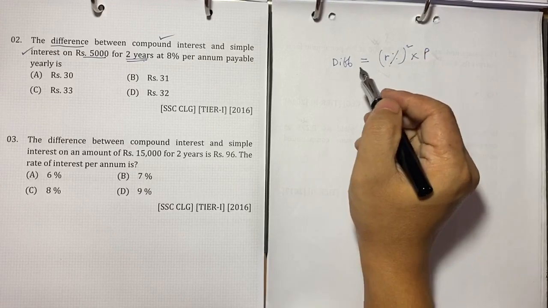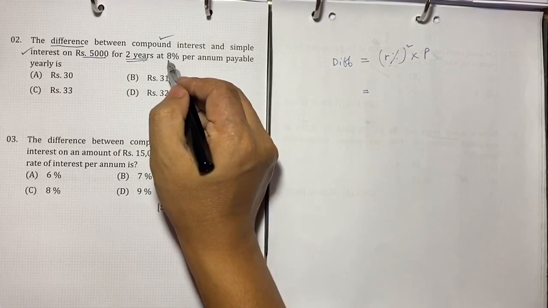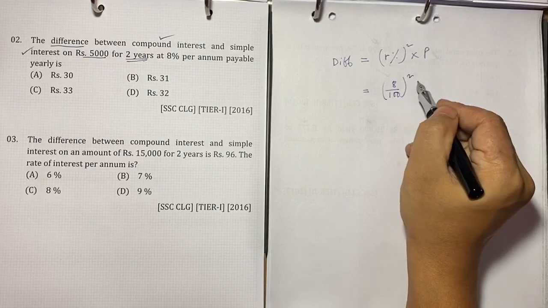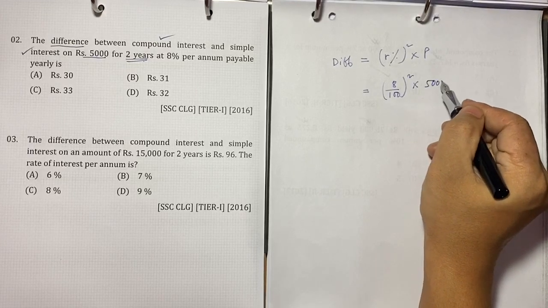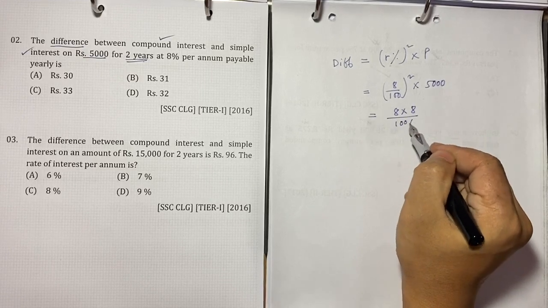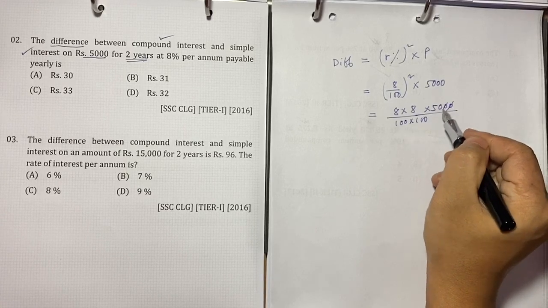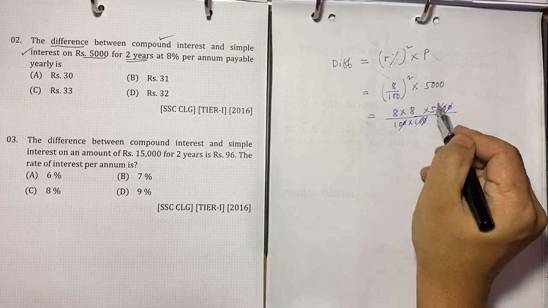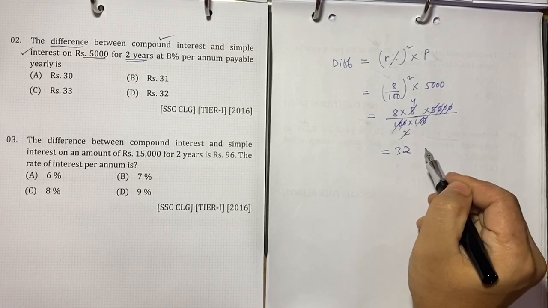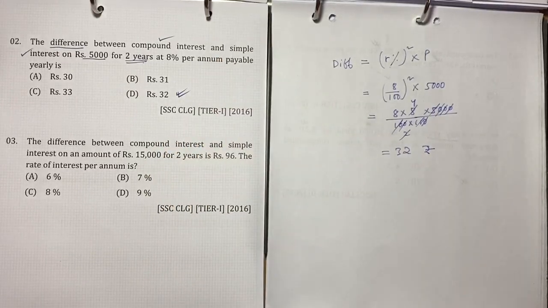So 8% is 8 divided by 100 square into principal 5,000. This will be 8 into 8 divided by 100 into 100, into 5,000. Cancel, cancel, the answer will be simply 32 rupees. So once you know the formula, this problem is very easy.